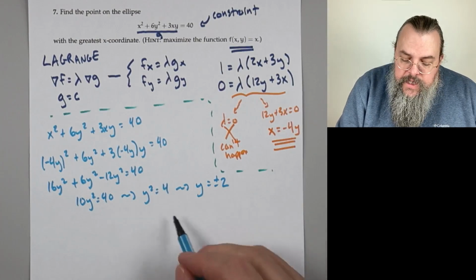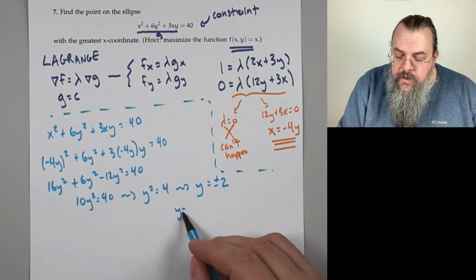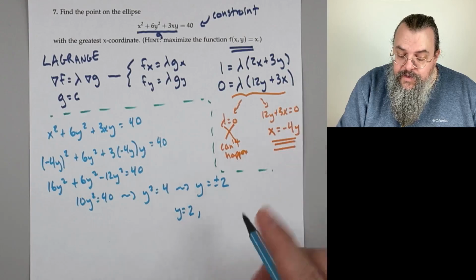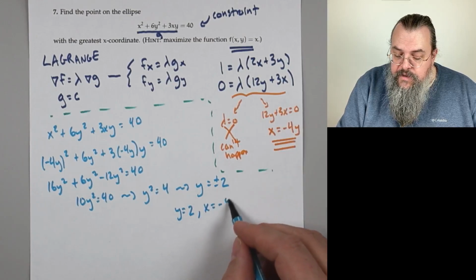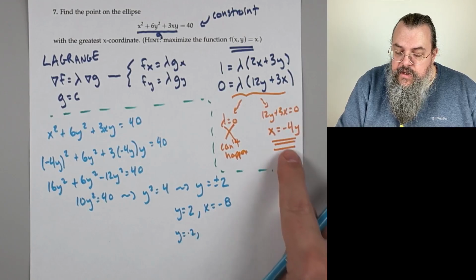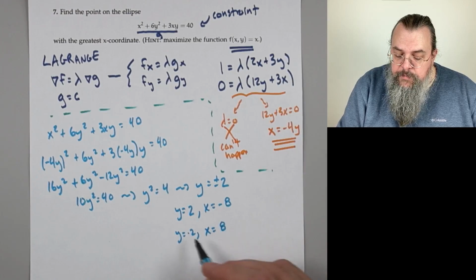Now, at y equals plus 2, what do we get? Well, we come here, we see x equals negative 8. And at y equals minus 2, because x is negative 4 times that, x equals positive 8.